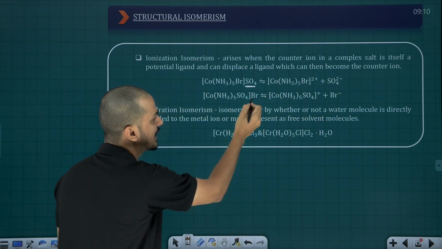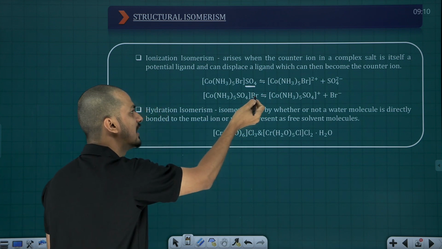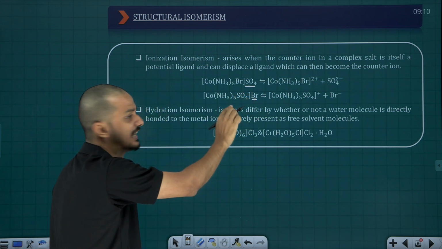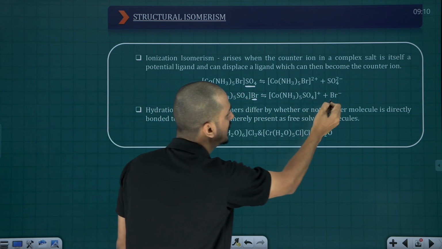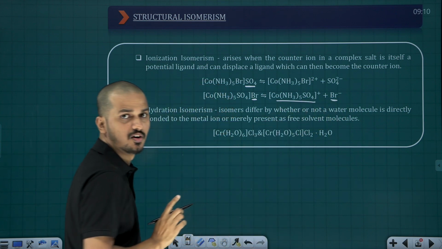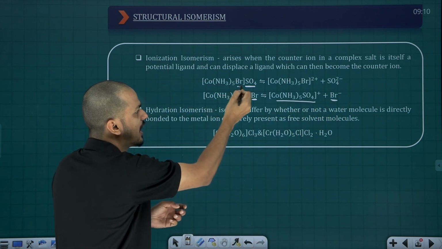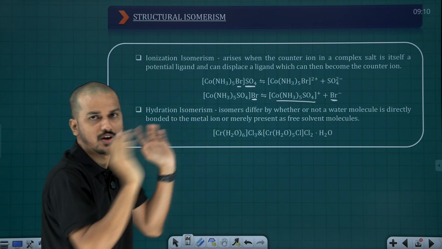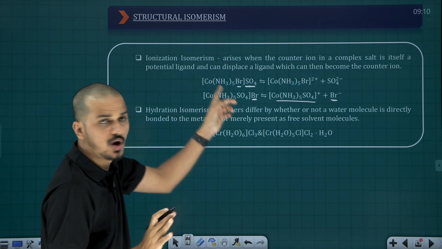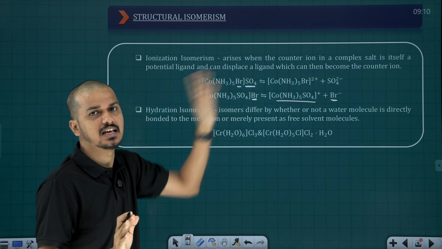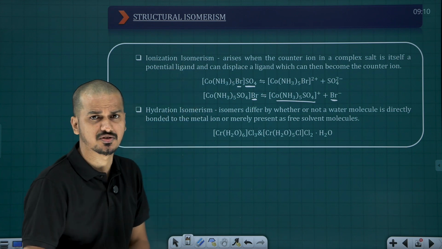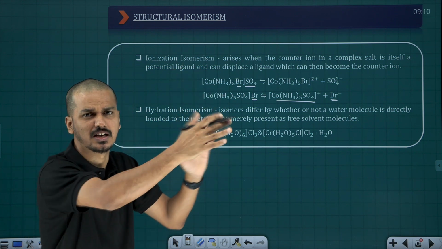In the second case, Br is the counter ion, and SO4 goes in as ligand. So once they ionize, these are the ions you get. Br and SO4 are interchanging, so you get different ions but the same molecular formula. That is what is called ionization isomerism. I am simply refreshing the idea one more time.